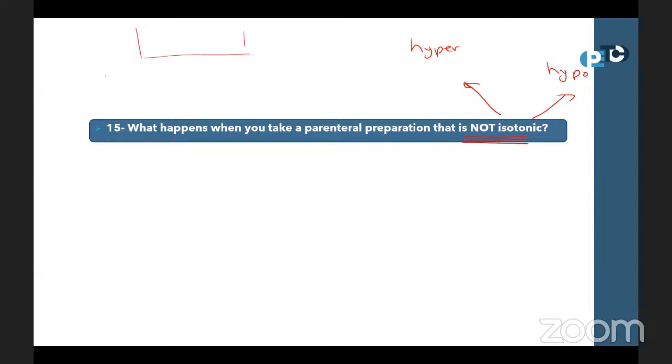When we have two solutions separated by a semi-permeable membrane like this, the right one has a very high concentration or a very high number of particles, while the left one has a low number of particles or low concentration. What is the direction of the fluids? From which side to the other side? From right to left or from left to right?